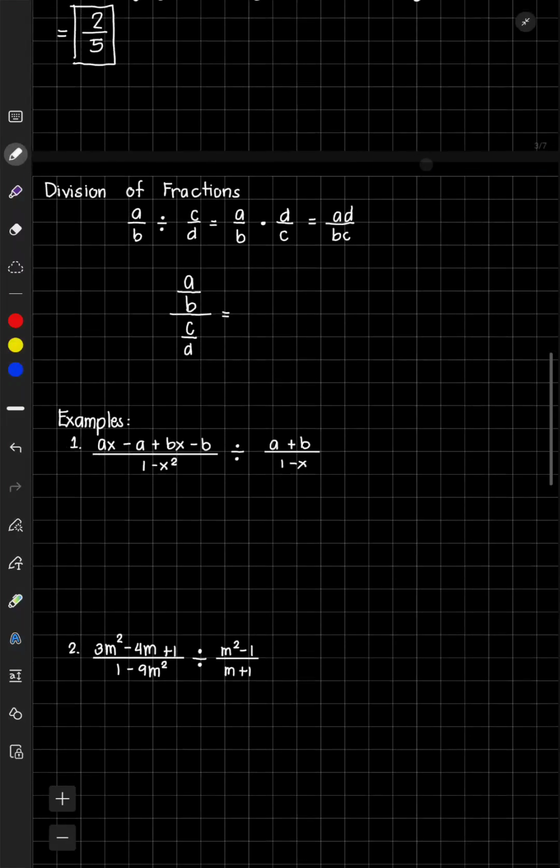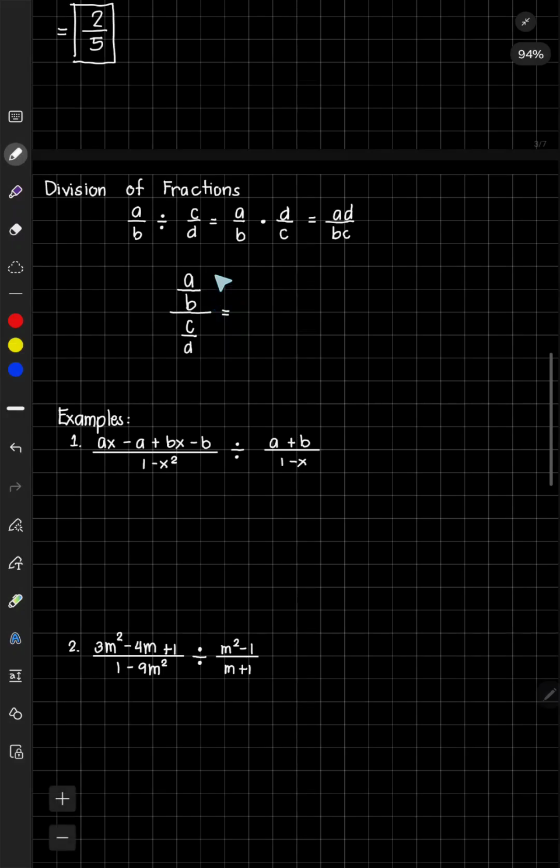So for the division of fractions or rational expressions, we have a over b divided by c over d, that could be equal to a over b multiplied by the reciprocal of c over d. So we have a over b multiplied by d over c, and just apply the method that we discussed in the multiplication. So we have a times d, so we have ad, and b times c, we have bc.